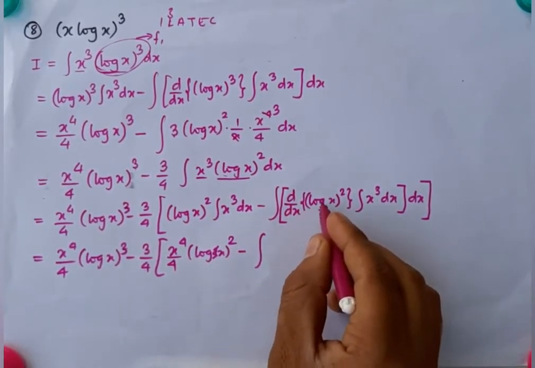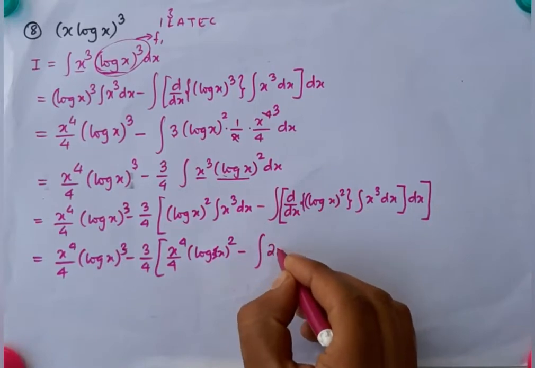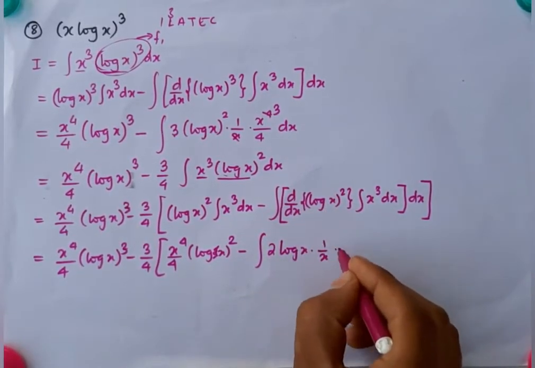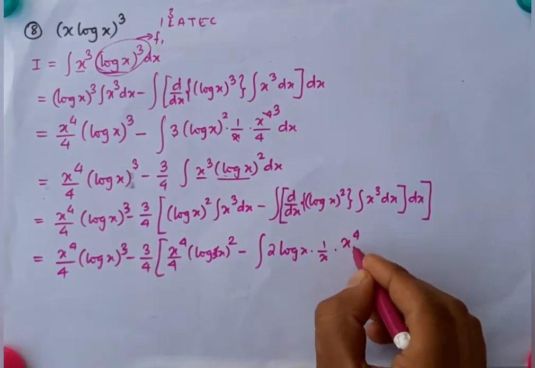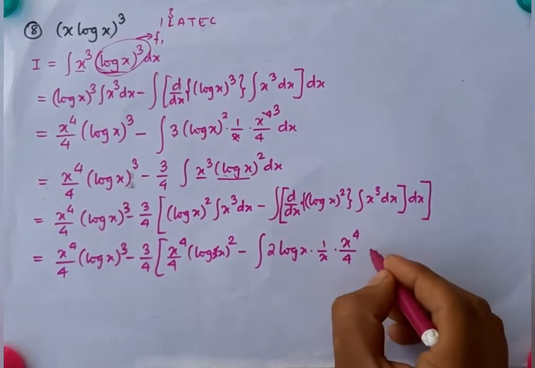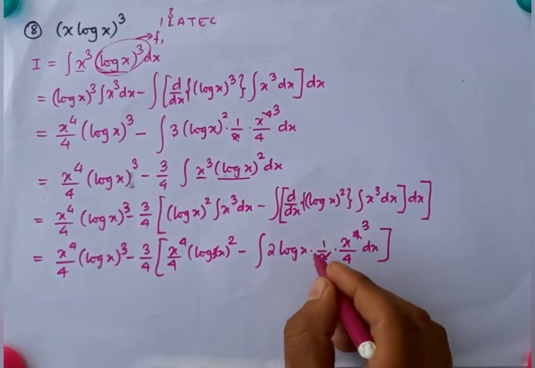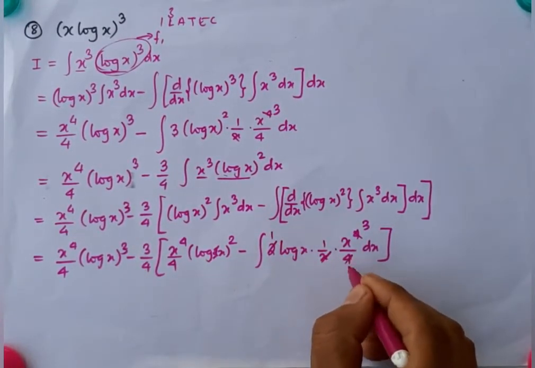Now again we have got power first, so it will be just 2 log x. Now differentiation of log x will be 1 by x into, again integral of x cube will be x to the power 4 by 4. So we have dx here. Yes, so you see that this and this again gets cancelled, so this is 1 by 2.